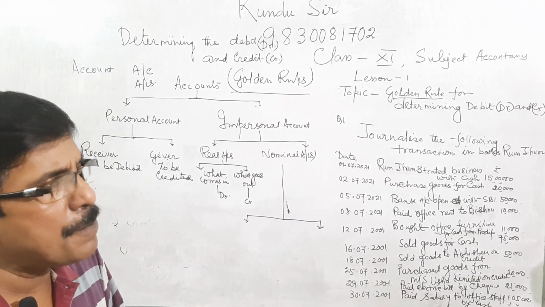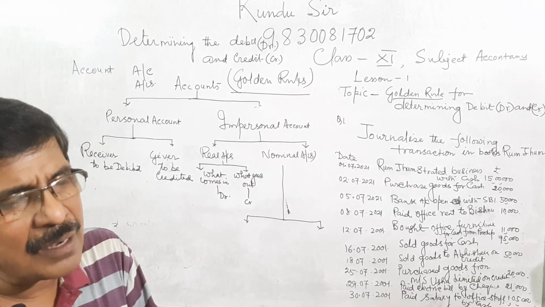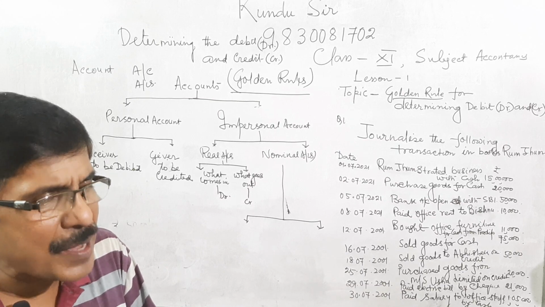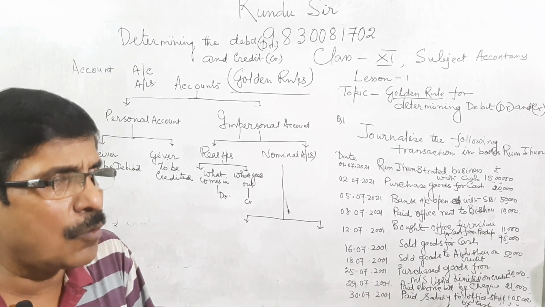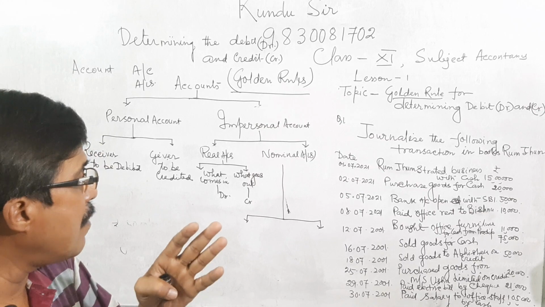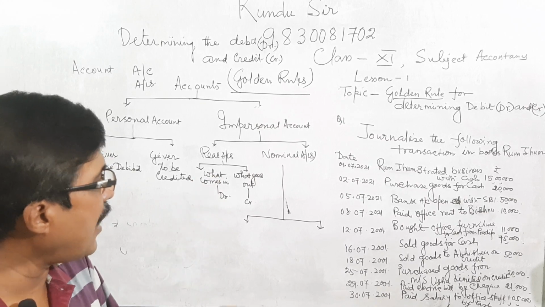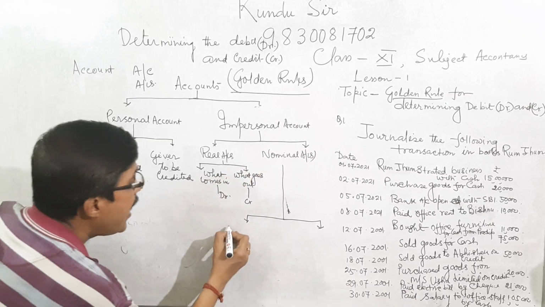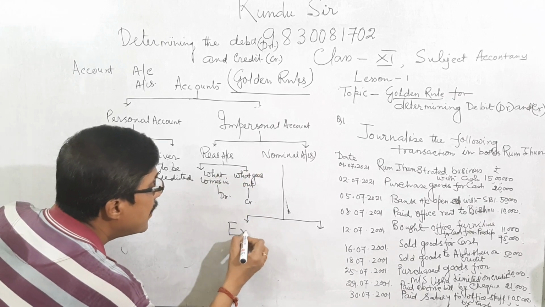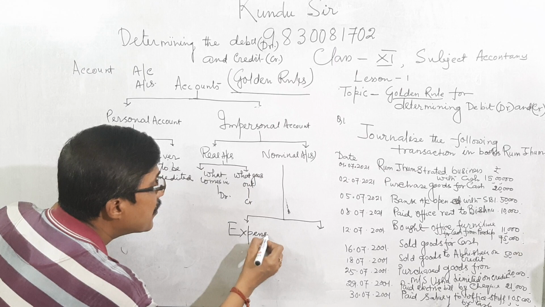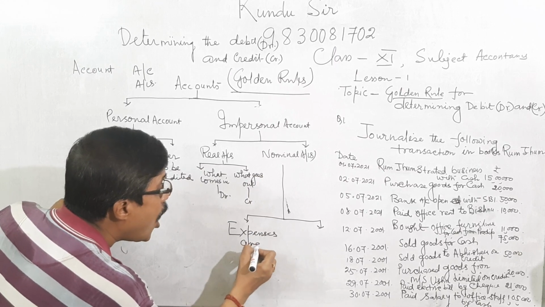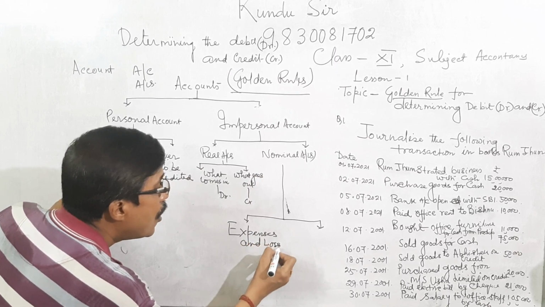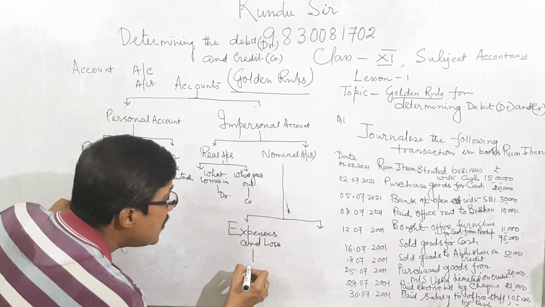Thereafter we should prepare the ledger, then trial balance, then manufacturing, trading and final accounts and balance sheet, and so on. Our first target is to learn the journal for the nominal account. Expenses and losses are to be debited.